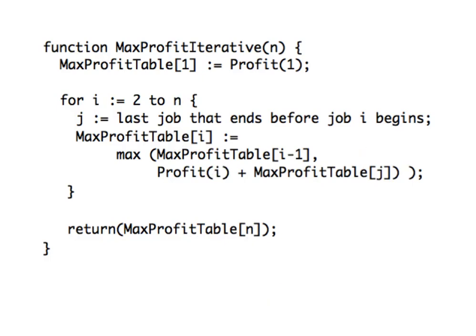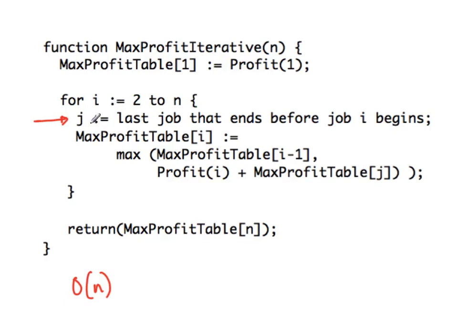So in this version, it is immediately clear that the loop occurs n times. So we have n iterations of the loop. Now it appears as though this step is a linear scan. That is, we have to keep checking the last job that ends before i, so we have to start from 1 and go up until we find the last job. But actually, since we have sorted the jobs in ascending order of finish time, it turns out that the next value of j for larger i will be bigger than the previous value of j.